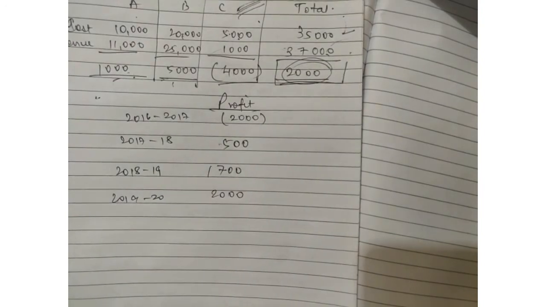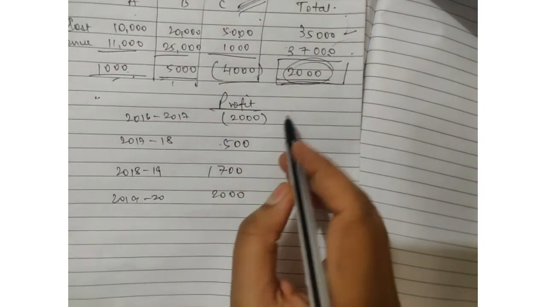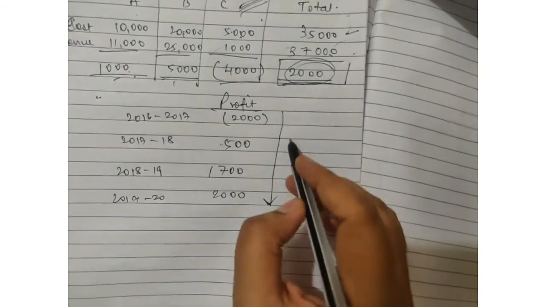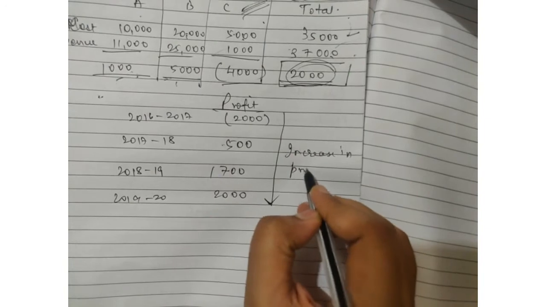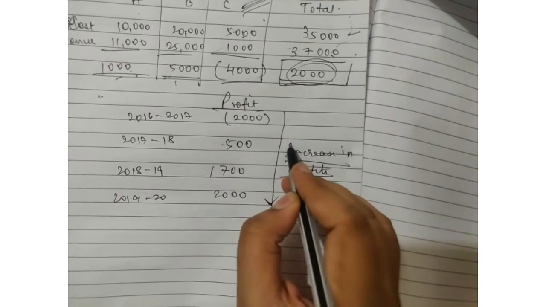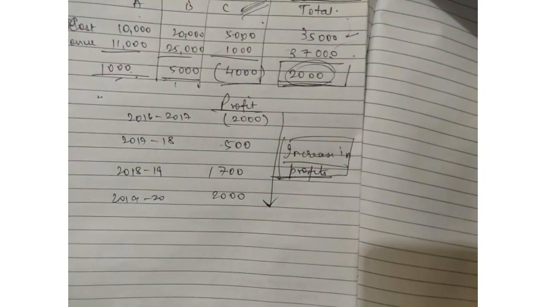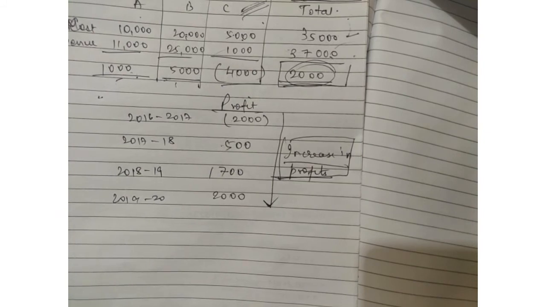So when we look at it this way, we see that we are having an increase in the profits of the company. This is a conclusion which a management has drawn by comparing the current result with the previous year's result. This is a part of management accounting.